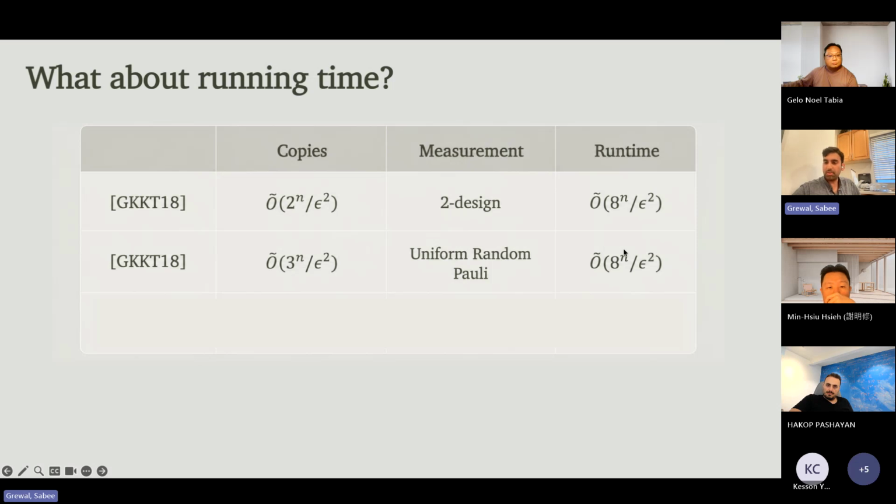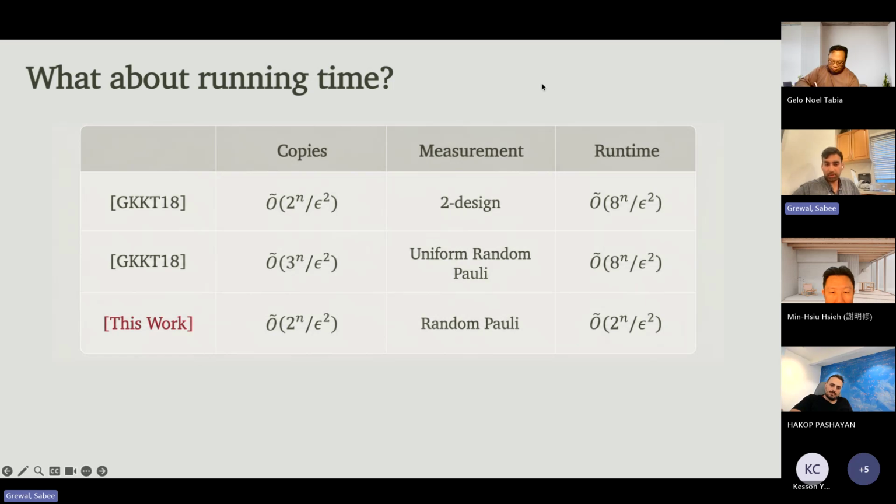For single qubit pure state tomography, this was the state of the art. In addition to improving the copy complexity to the nearly optimal 2^n, we are also able to achieve nearly optimal running time.